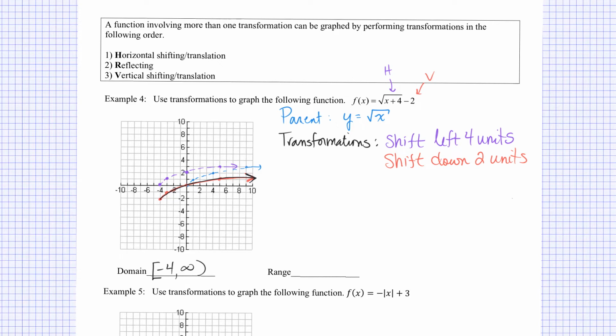And the range, remember that's the y values, is going to be from negative 2 to positive infinity. And so, just knowing that basic shape of my parent function and these rigid transformations, I was able to very quickly arrive at my graph.